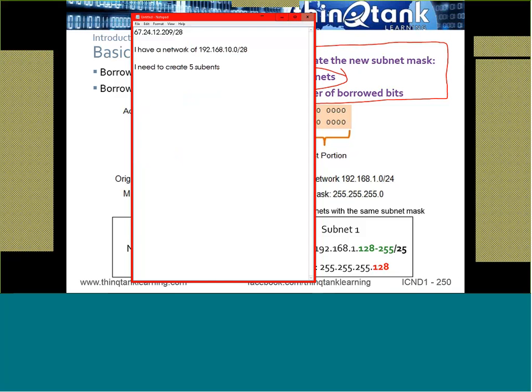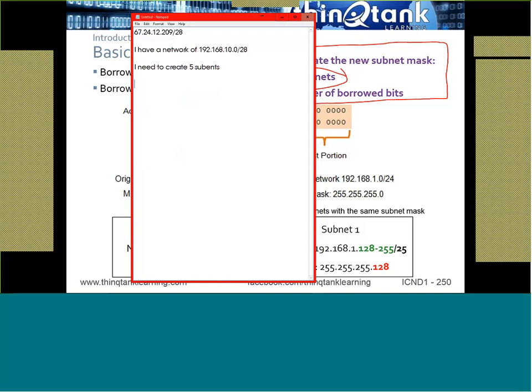Why is it classless? Because it's already a subnet. Because a 192.168 address is normally a /24, but we have a /28. But there's nothing to say that you can't subnet a subnet. You're allowed to subnet subnets.